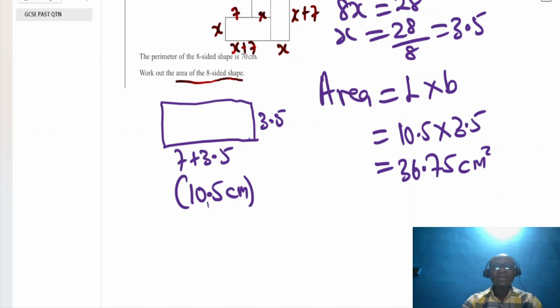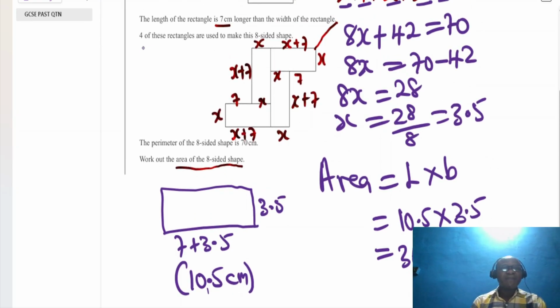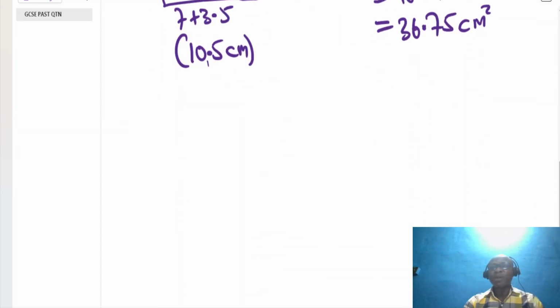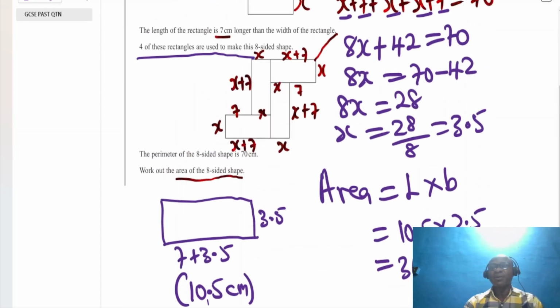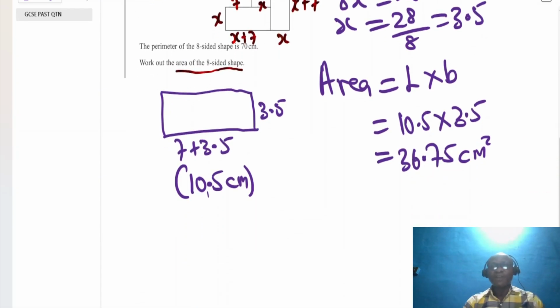Mind you, the eight-sided shape is made up of 4 rectangles. Look at it here. 4 of these rectangles were used to make this eight-sided shape. Therefore, since I know the area of one rectangle, what I will simply do is multiply the area of one rectangle by 4. And that is going to give me the area of the 4 of them.